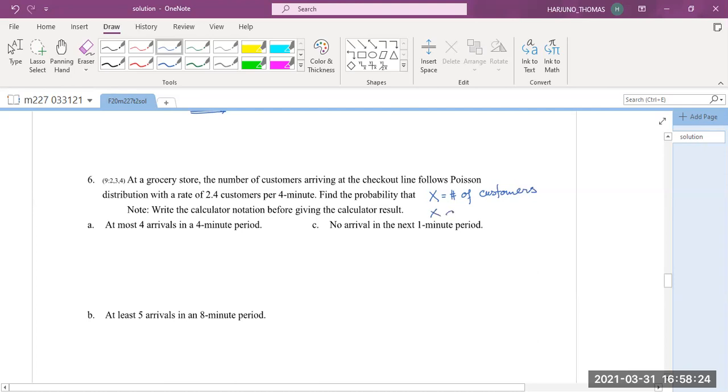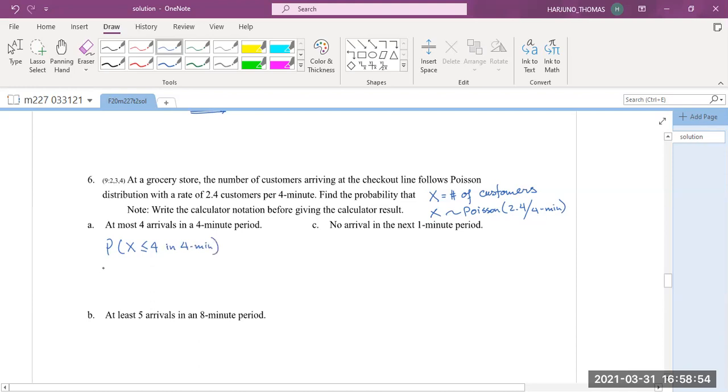Now, X is Poisson distributed with average 2.4 in 4 minutes, right? Okay, now part A, find the probability of at most 4 arrivals in 4 minutes. So the number of people coming in is at most 4 in 4 minutes.